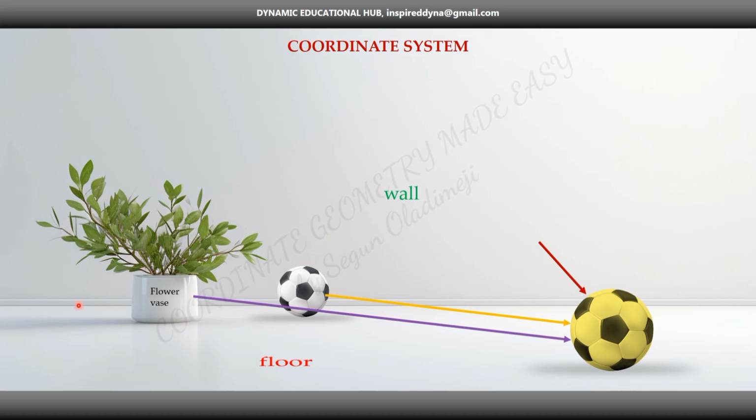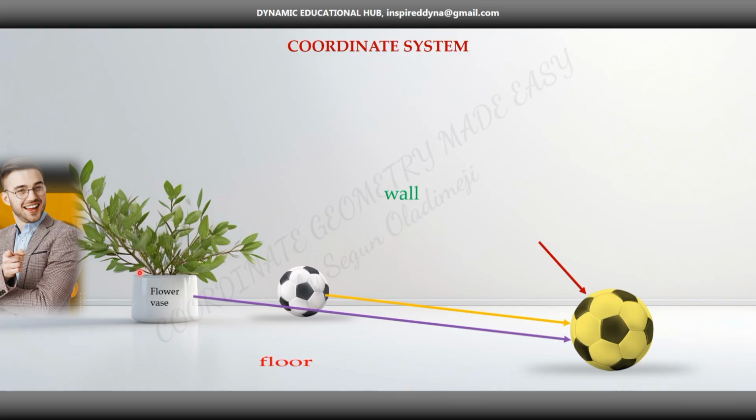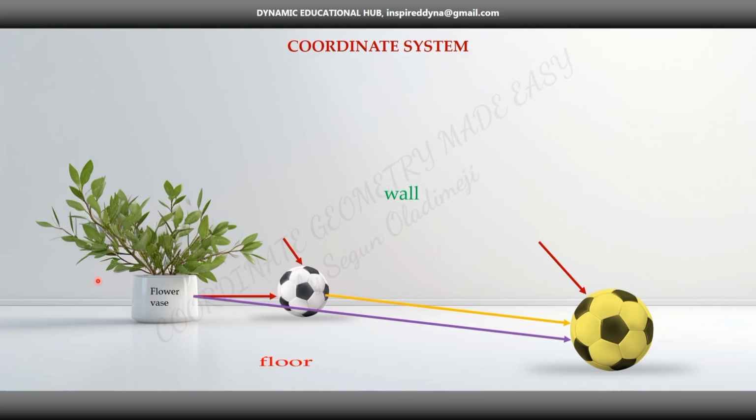Now, any observer here who wants to pick this ball using a description: we have two balls at the front of the wall, two balls at the front of the flower vase or flower, and two balls on the floor. So choosing that preposition or any preposition you want to use will not give the exact location of this ball since we have multiple balls.